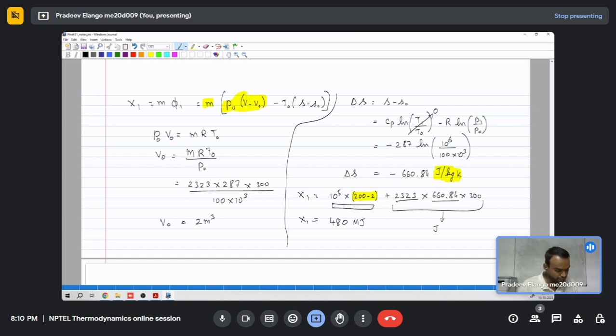But for the first term, we have pressure in pascals into volume. Volume is in meter cube. This is Newton per meter square into meter cube. So then it will become Newton meter, that is joules for this case. Correct, no? Then we need not multiply with mass again for the pressure term.